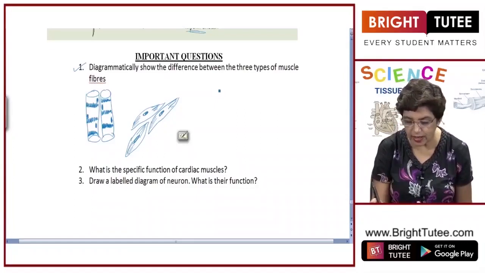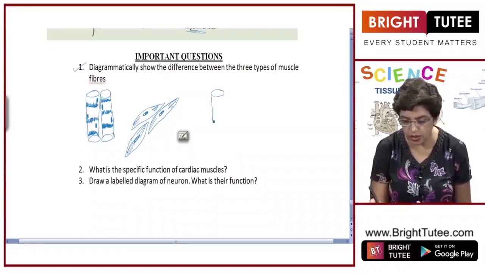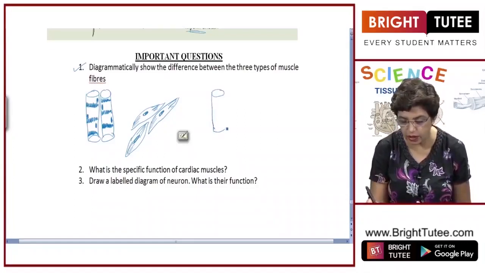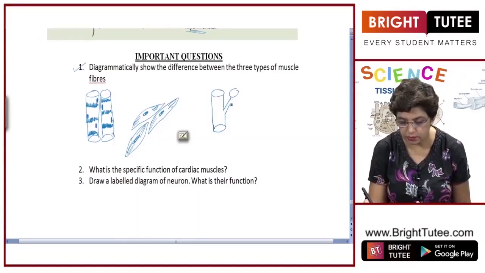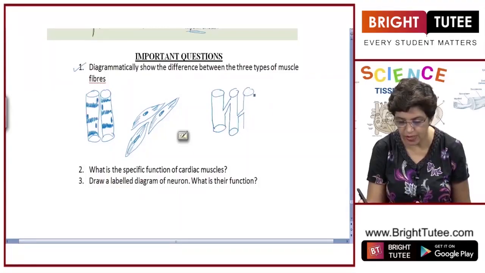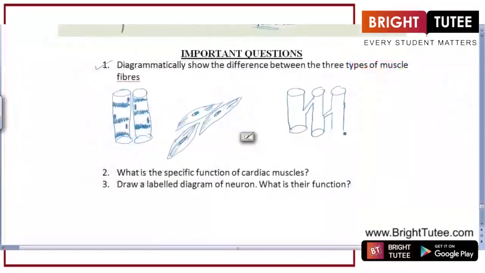The third one is cardiac muscles. Although they are cylindrical, they are branched. Different cells are joined to each other through these branches.